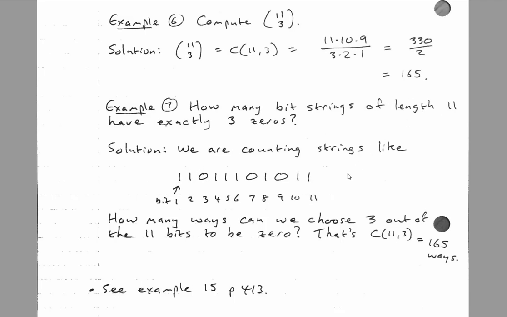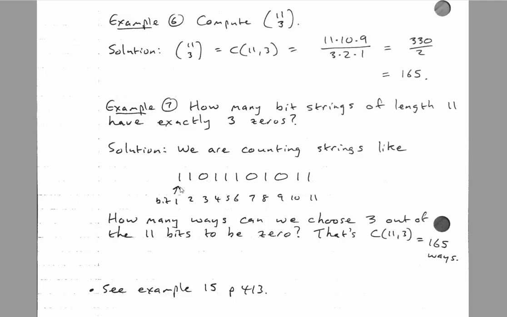Here we're looking at bit strings of length 11, so we want 11 zeros and ones, but exactly 3 zeros. So this is an example of what we're trying to count. Here the 3rd, 7th, and 9th bits are zeros.